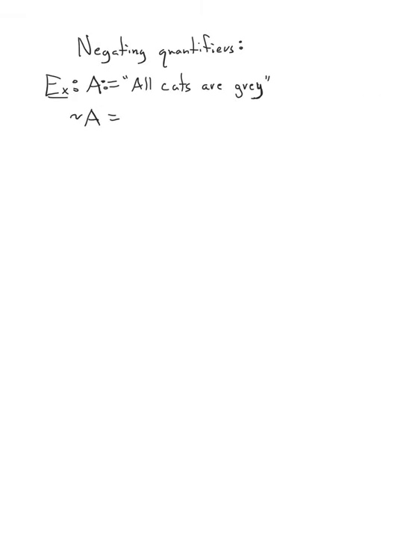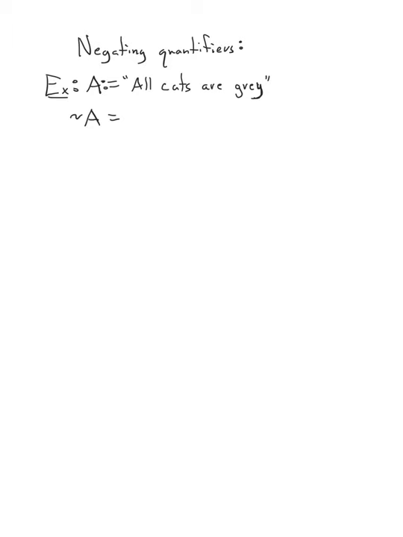All right, so we talked about negation, we talked about quantifiers. Now let's talk about negating quantifiers. Let's say we have the following quantified statement. All cats are gray. Obviously that's false. So imagine that somebody says to you, all cats are gray, and you say, that's false.